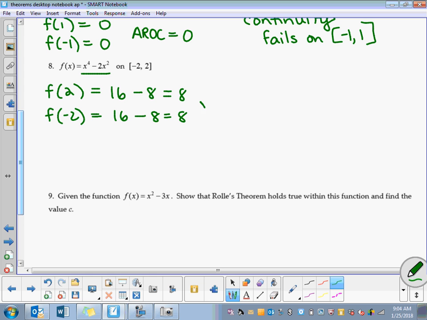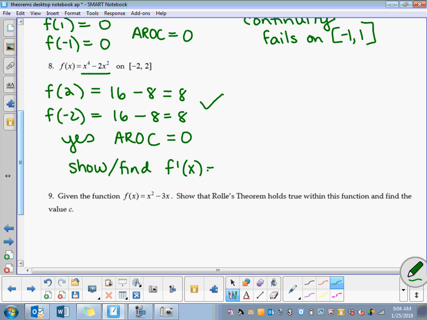Okay, so yes, this is a Rolle's theorem problem. F of 2 and F of negative 2 are the same, so average rate of change would be 0. We have to show or find where f prime of x would equal 0 on negative 2, 2.